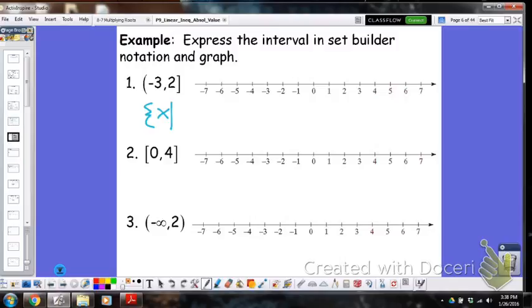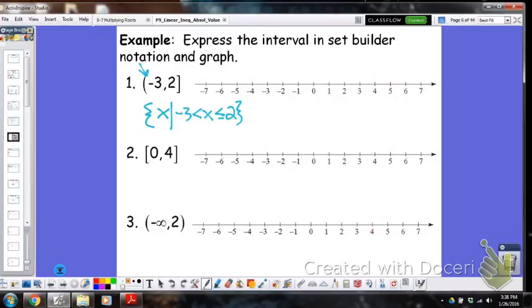Well, x is going to be between -3 and 2. So it needs to be just greater than -3, but less than or equal to 2. And I know it's just a greater than with the -3 because we have just a parenthesis.